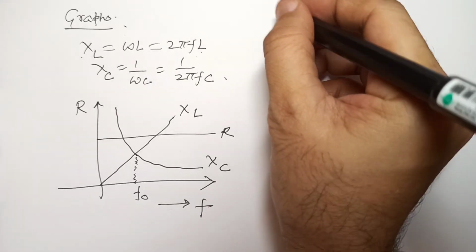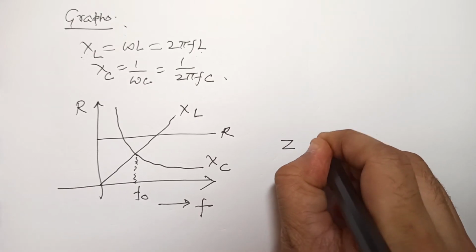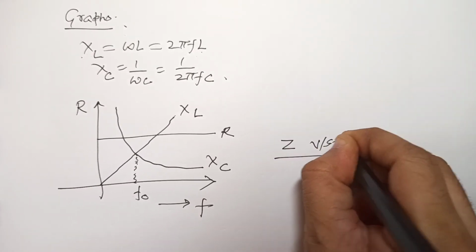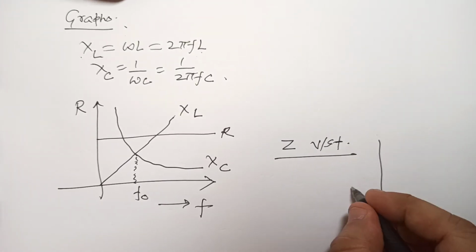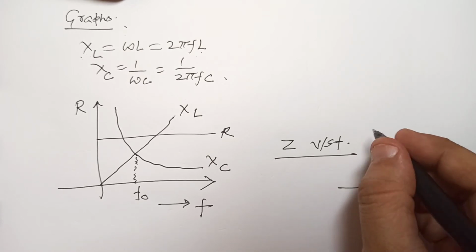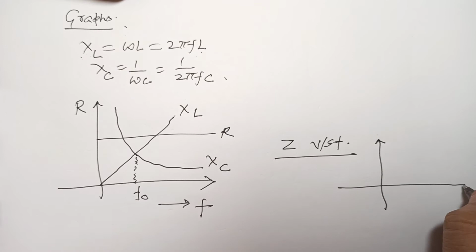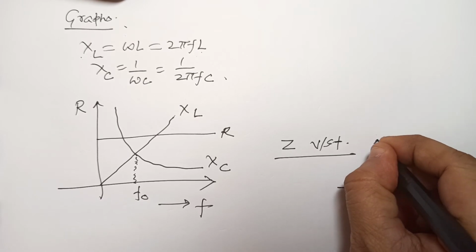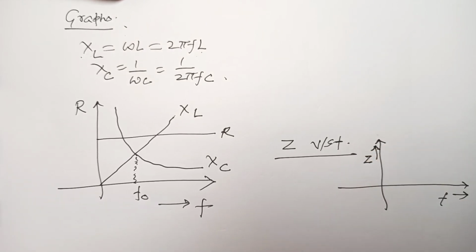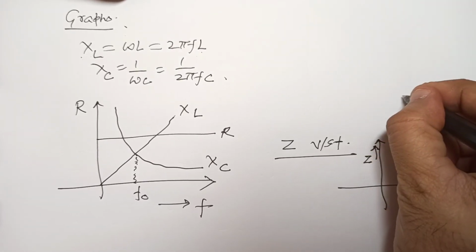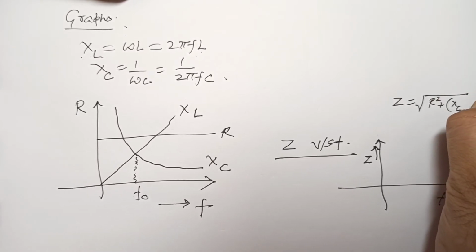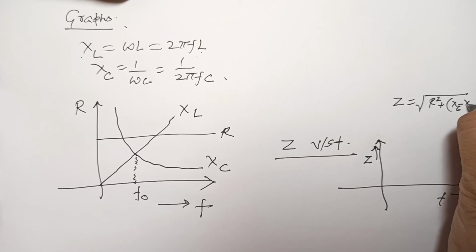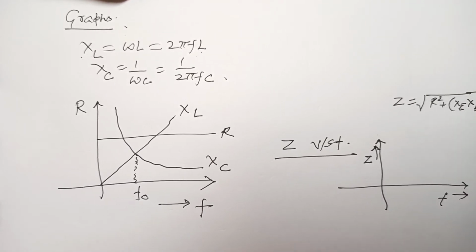Now, if we draw a graph of Z versus F, this is F and this is Z. Now, if you realize, Z is equal to the square root of R squared plus (XC minus XL) whole squared.